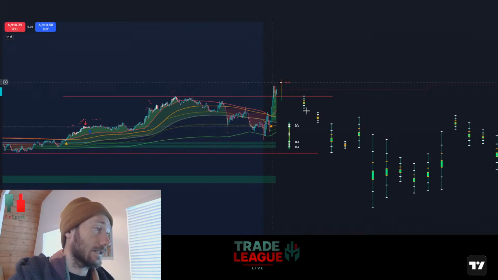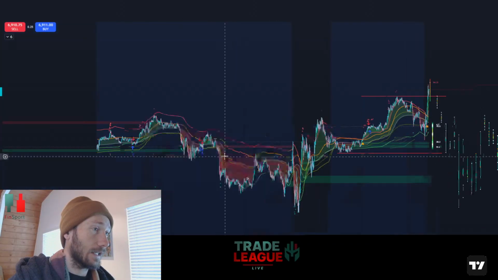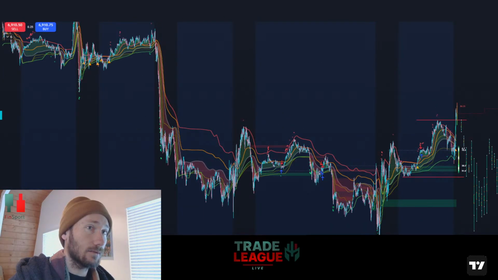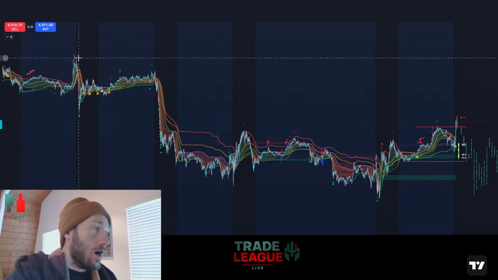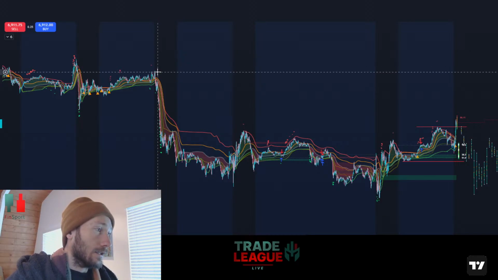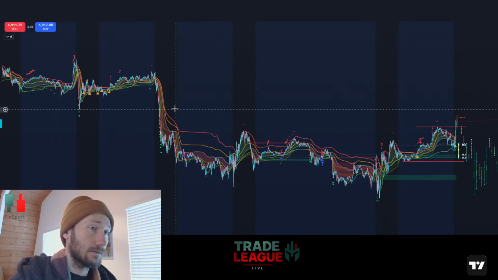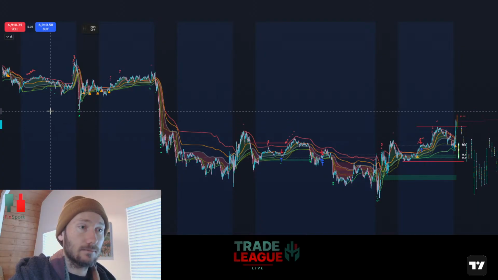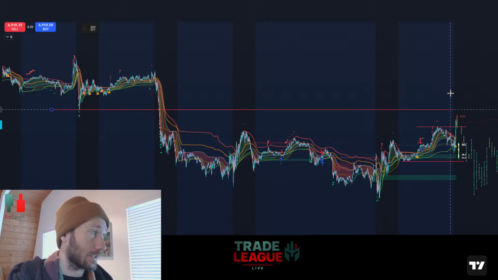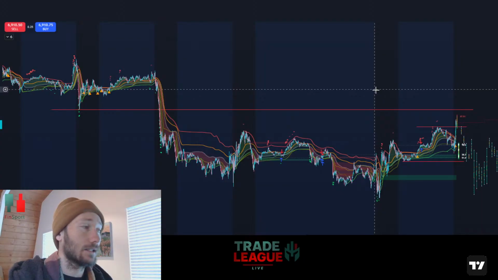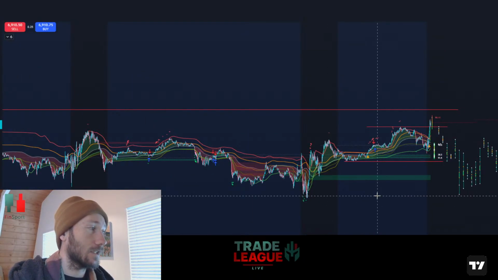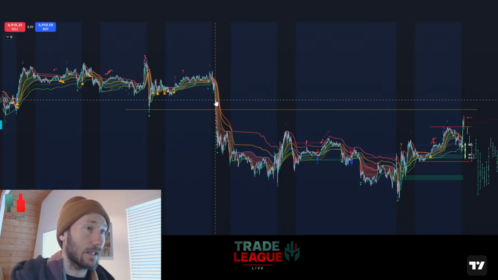Looks like ES has some serious gas on it today, looking to maybe hit this resistance here. I'm just mapping out basic levels, so when I come back to this chart, I have something to keep my eye on.